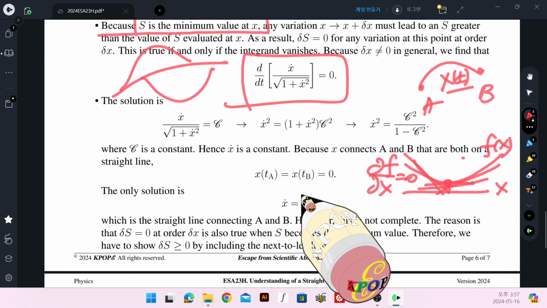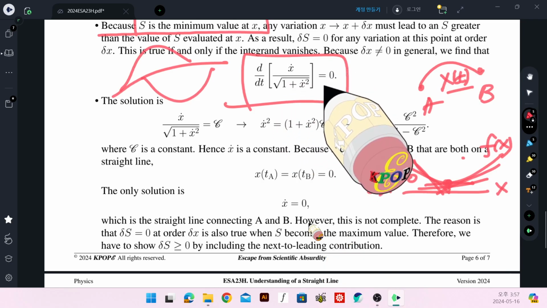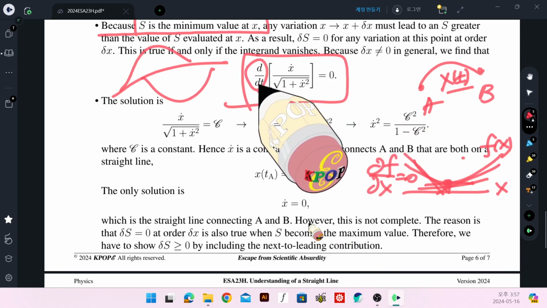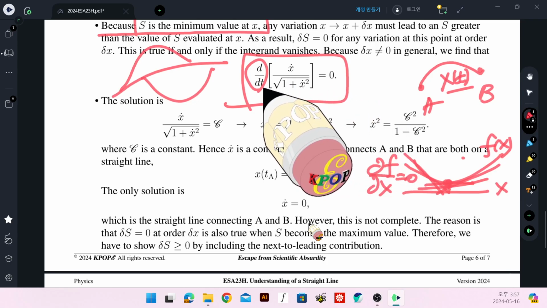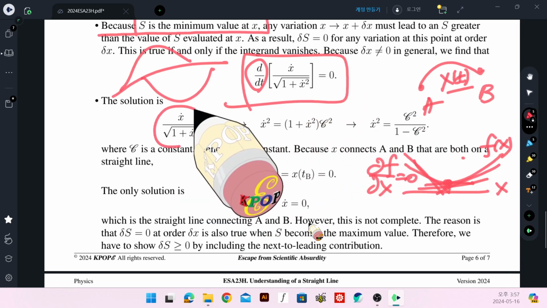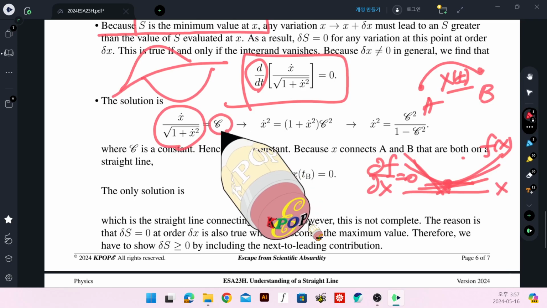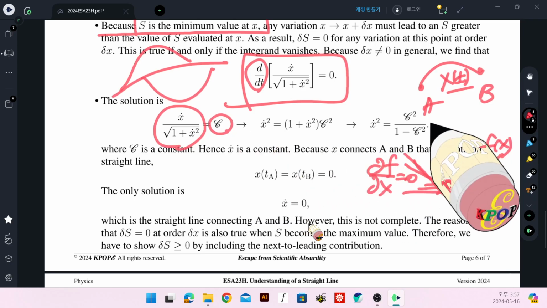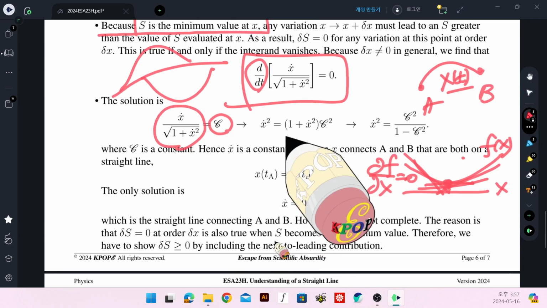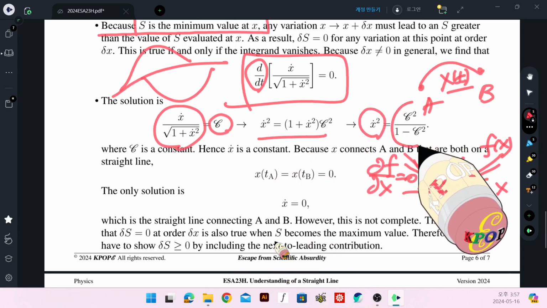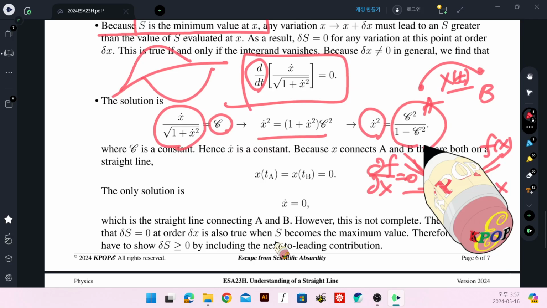As a result, this is 0. Why don't we integrate over time? Then this one is a constant. A simple calculation shows that x dot squared is a constant.